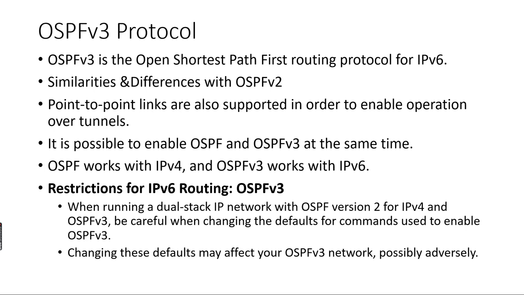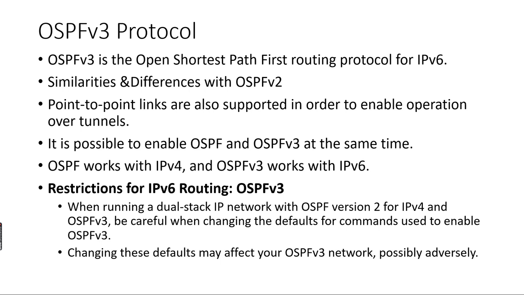There are a few restrictions for IPv6 routing in OSPFv3. That is, when running a dual stack IP network, as we have seen in the tunneling and transition techniques, the dual stack concept means the host will have two stacks, one for IPv4 and another for IPv6.